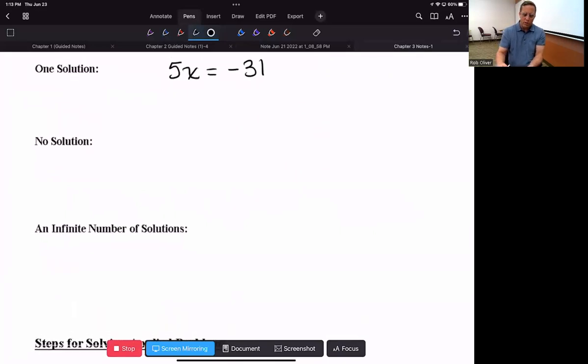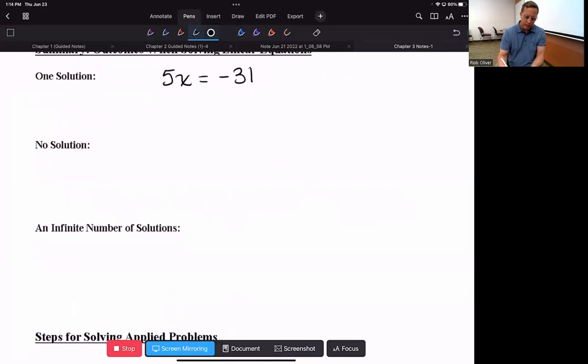All right, now if it has no solution, it's going to look like 0x equals negative 31. There's no such thing as negative 0x. Because right there, that's a mathematical contradiction.